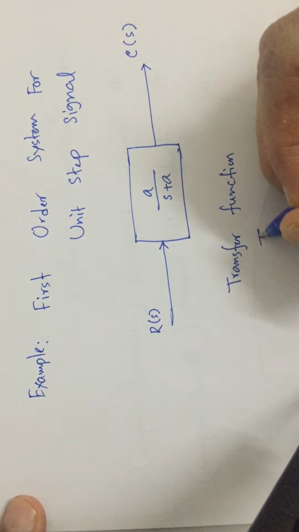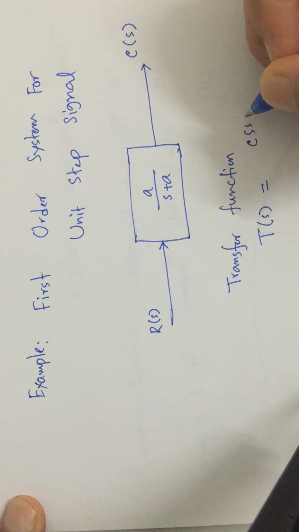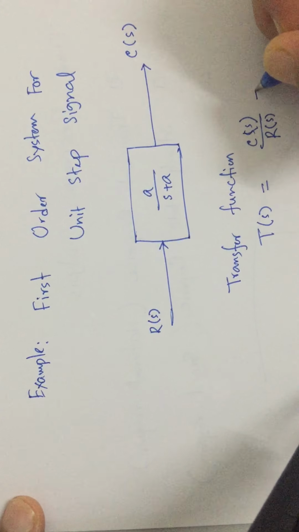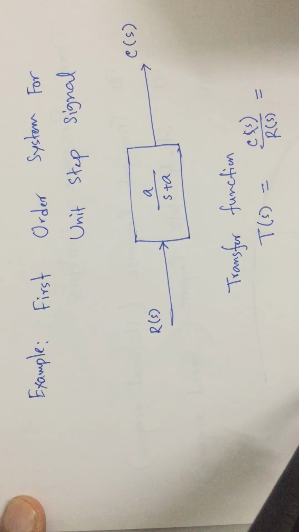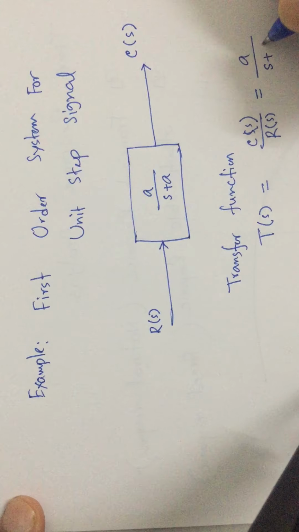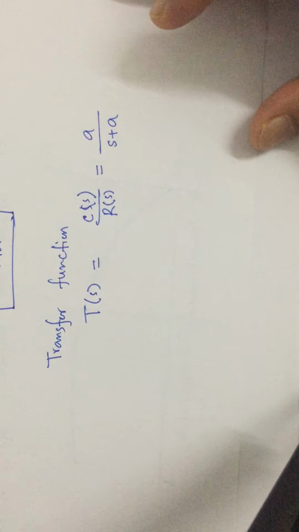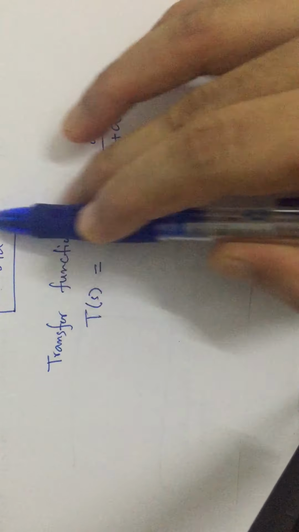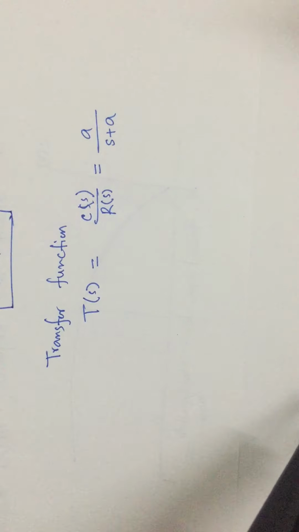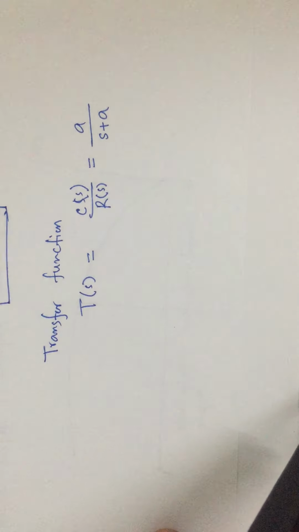We can say T of S equals C of S over R of S, equal to A over S plus A. This is the transfer function.